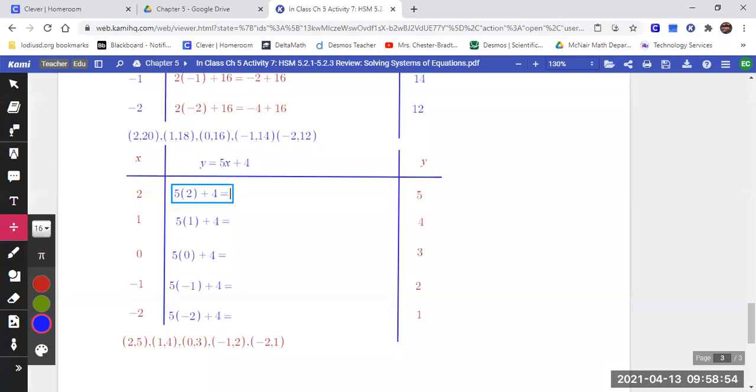Calculate the 5 times 2. What are we going to get? Do the math for me, guys.